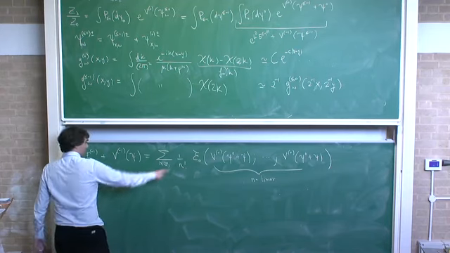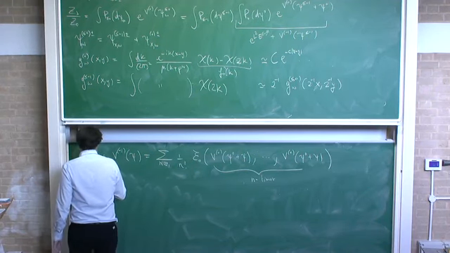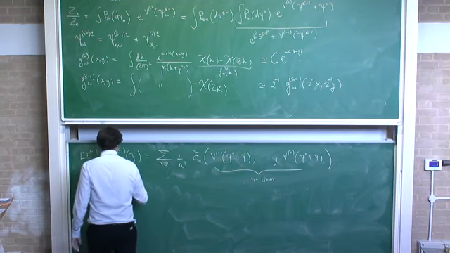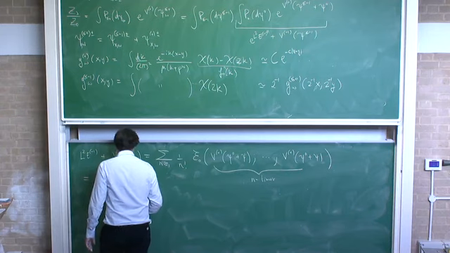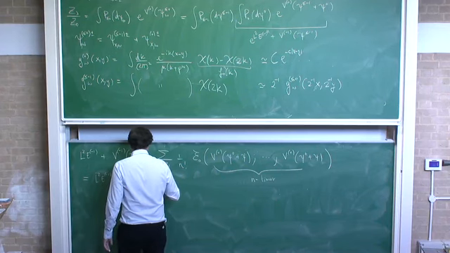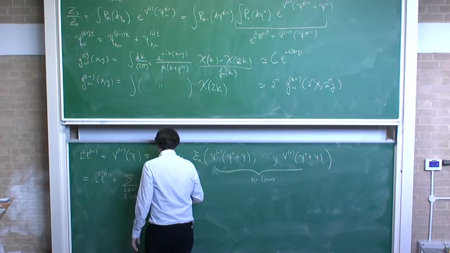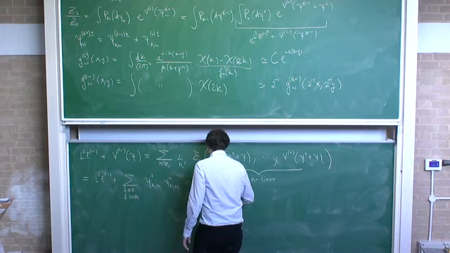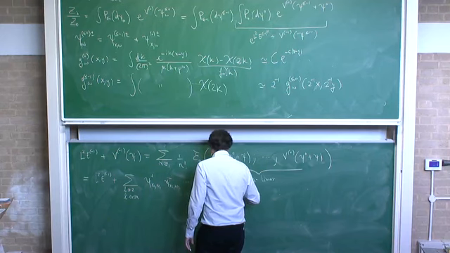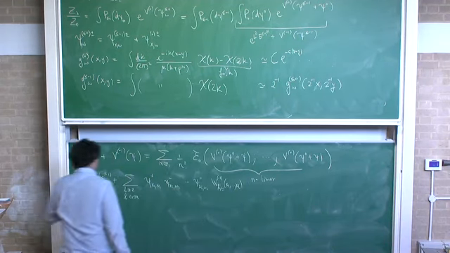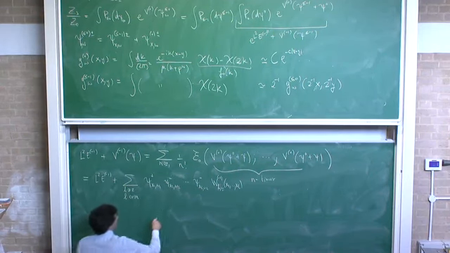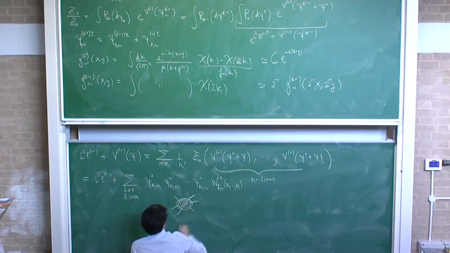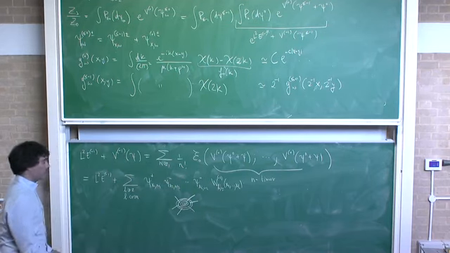This expression is formally a constant plus a sum over L even and non-zero of something of the following form, where graphically this generic term you can think of as a new effective vertex.